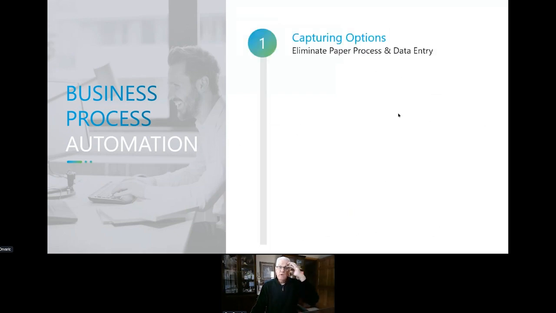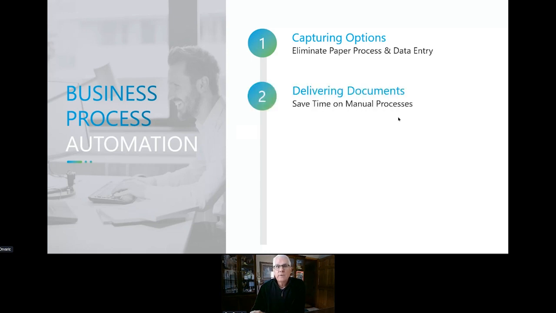So if we talk about some of the business processes and the automation that we're accomplishing with Docklink, really on both the accounts payable and the accounts receivable side, we're able to capture documents in a variety of ways, and we can actually completely eliminate the paper that you have around your offices. And we can dramatically reduce, and in many cases, eliminate the manual data entry that you're currently performing.